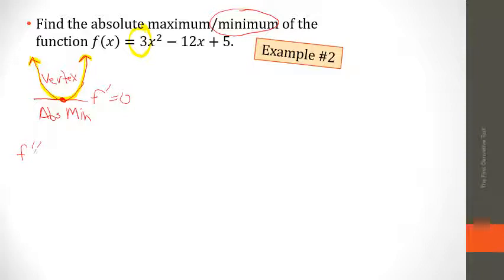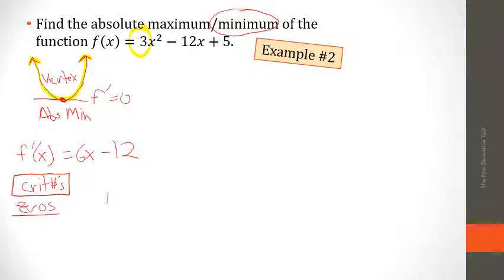What is the derivative of that function? Well, it is 6x minus 12. Remember, the critical numbers of the derivative tell you where the max or min occurs, and those are the zeros and the d.n.e. Now, there's no place that derivative doesn't exist, but we can find the 0. 6x minus 12 equals 0.